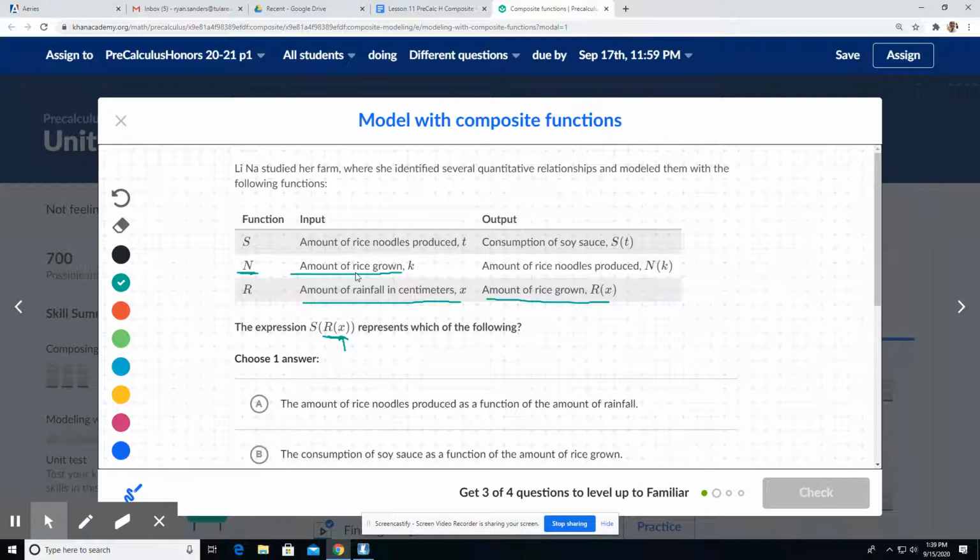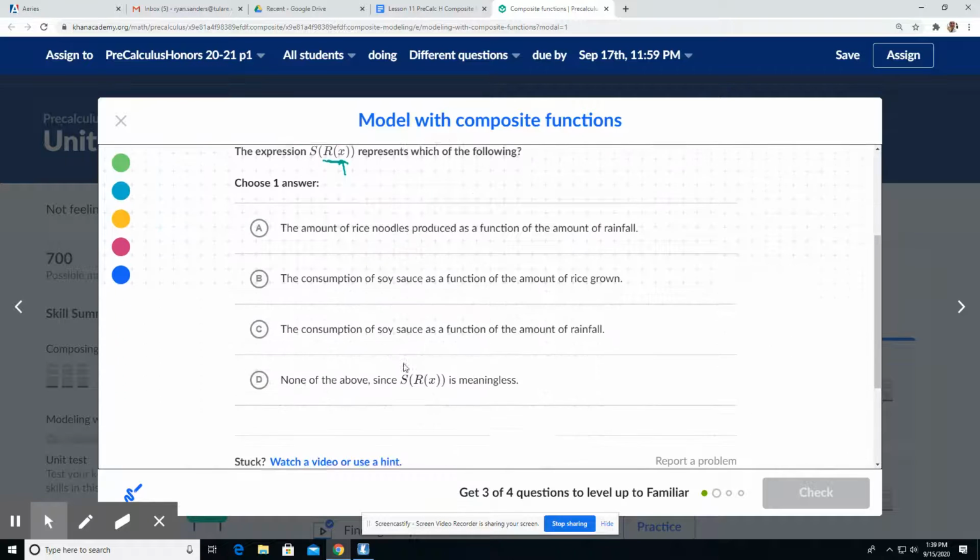So for the amount of rice grown, you would usually plug in the n sub k, the amount of rice noodles produced, and then you can get to s. So they're skipping n right here. They skipped that n function. That seems like an issue.